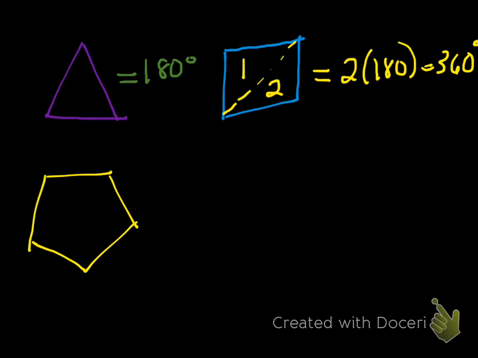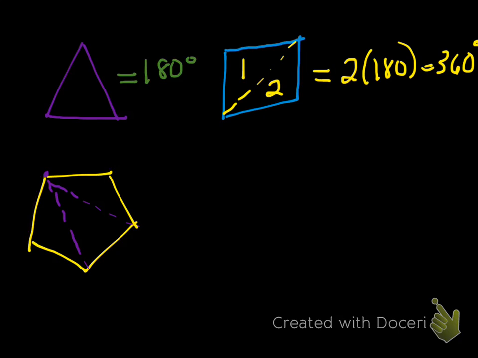Okay? All right, so let's do a pentagon. All right, so how many diagonals can I draw? You pick any vertex you want. So let's start at this vertex. And you connect it to every available vertex that is across from it. So you connect it here, and you connect it there. Okay, I cannot connect this one to that one because it's the same line. I can't connect that one to that one because it's the same line.